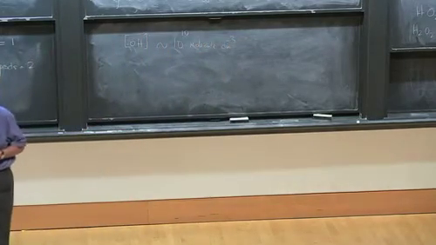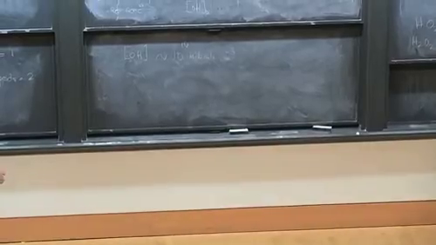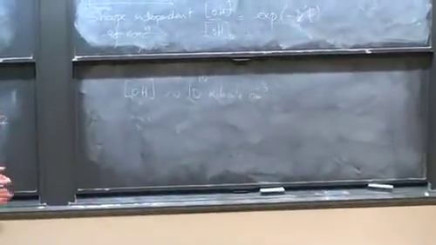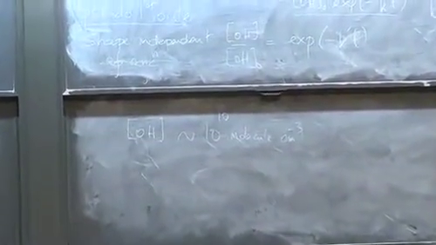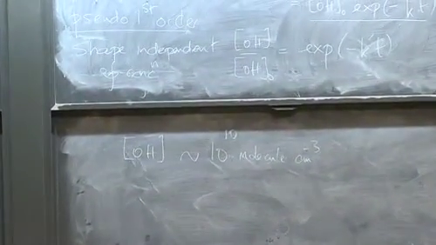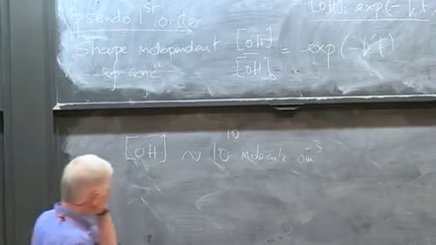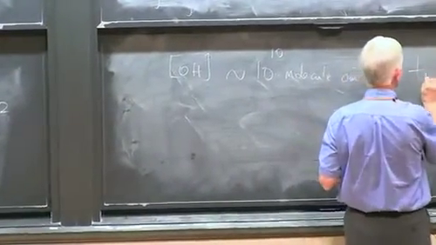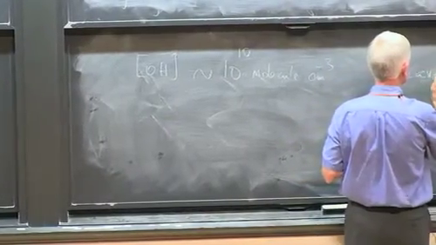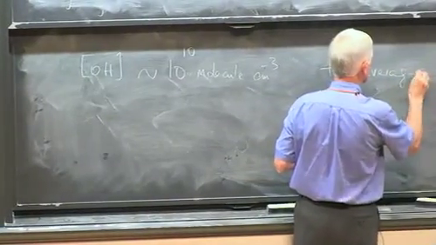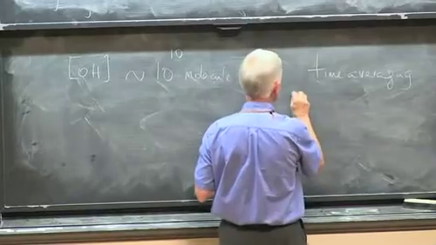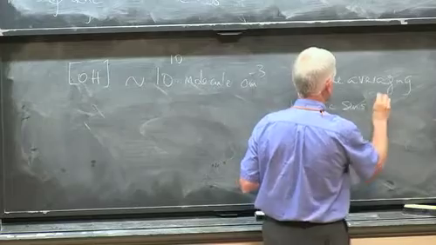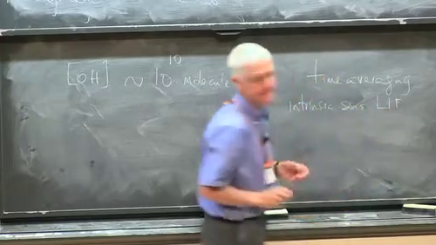You can work out what that means in terms of molar concentrations by dividing by 6 times 10 to the 23. But that's very low. And you can do that because of the time averaging and the intrinsic sensitivity of the laser-induced fluorescence process.